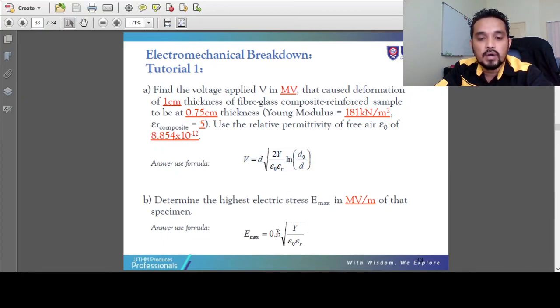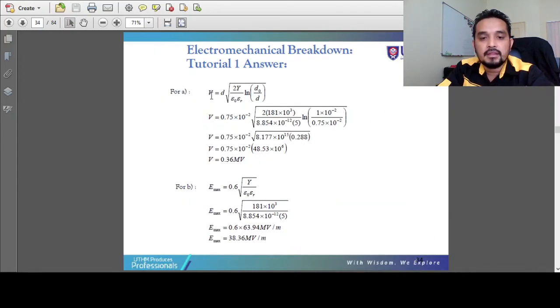You know the reason for 0.6, and you have the other values, so you should be able to calculate the voltage and identify the maximum electric field. These are the values and calculations: we end up with 0.36 megavolt, and using 0.6 we end up with 38.36 megavolt per meter. Watch out for the unit.